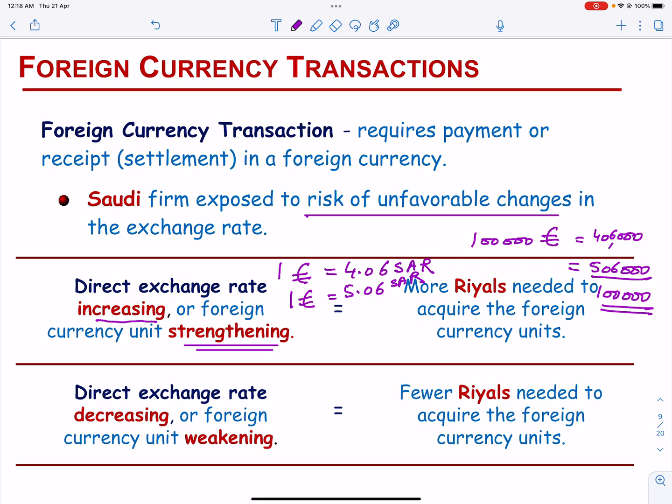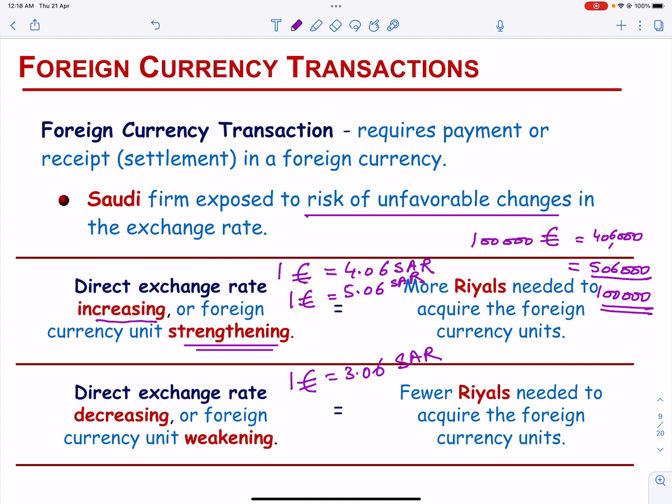If the scenario reverses, that is, 1 euro is equal to 3.06 Saudi riyals, now the Saudi firm needs fewer riyals, 100,000 riyals less.